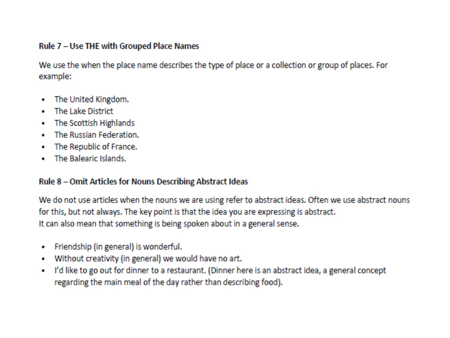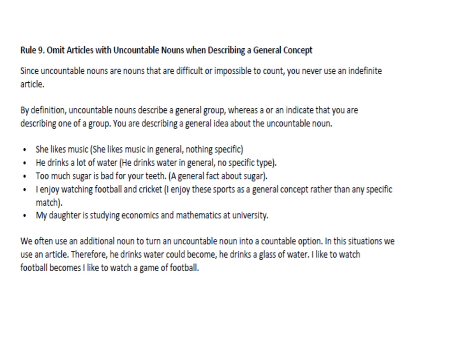Now we are going to the ninth rule. Here we have to omit articles with uncountable nouns when describing a general concept. Since uncountable nouns are nouns that are difficult or impossible to count, you never use an indefinite article.